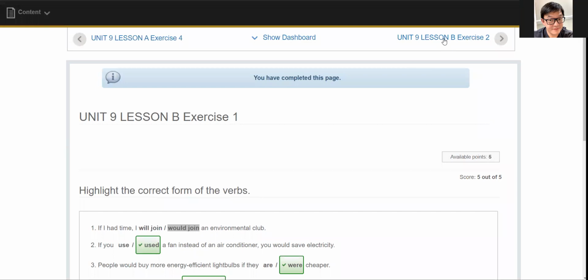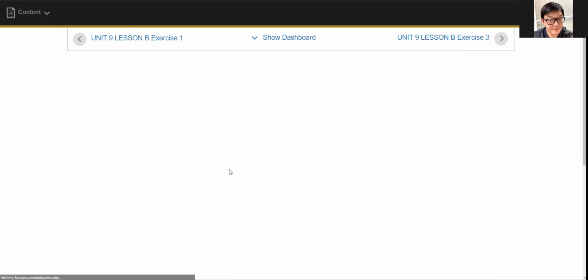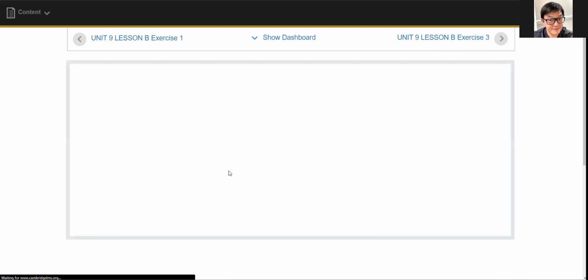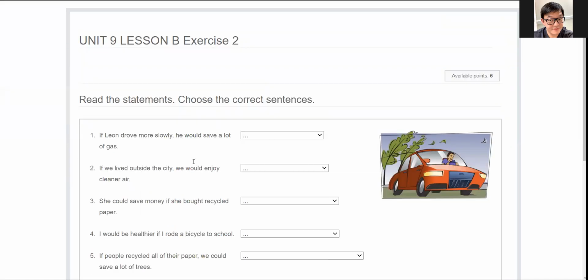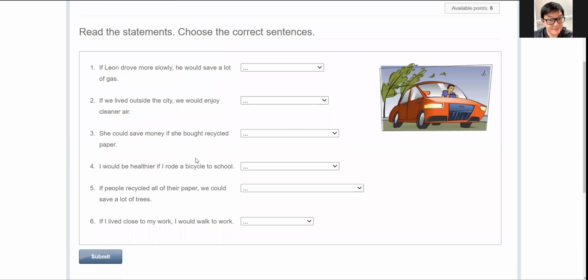Let's go to our next exercise, exercise 2. So now what we have here is you have to read the statements and then you have to circle the true statements. Okay, here I have to choose the correct statements, which is all the same, as you know. We did this before, so no problem with that.